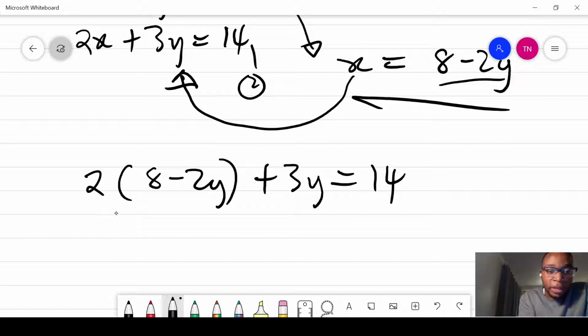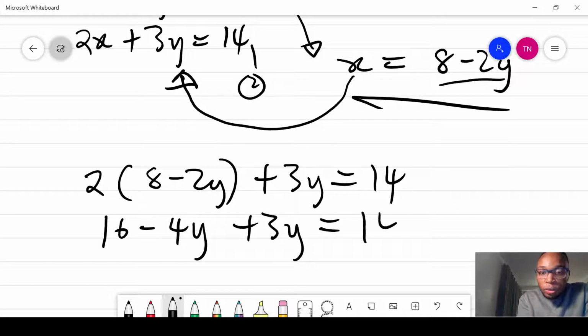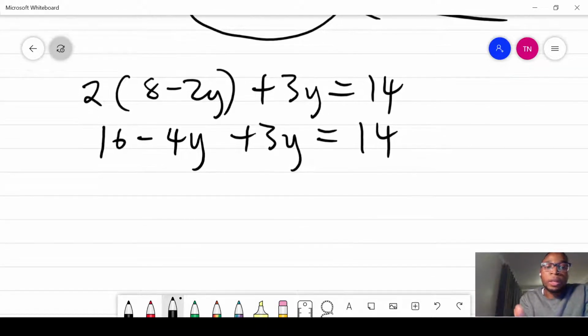Then we can start expanding out. So 2 times 8 gives you 16. 2 times negative 2y is minus 4y, plus 3y equals 14. Then we collect the like terms. These are our like terms here. So it was essential for you to attend the algebra class because you need to know this from algebra.